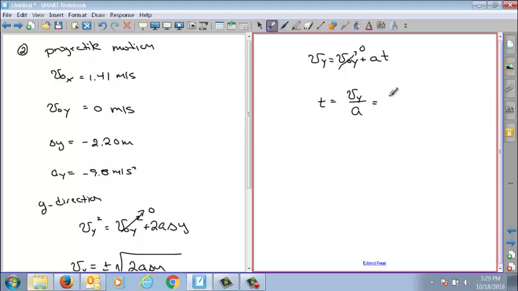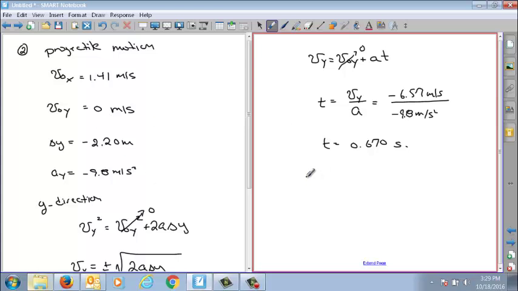And v sub y is negative 6.57 meters per second divided by negative 9.8 meters per second squared. That gives time 6.57 divided by 9.8, and you get 0.670 seconds.